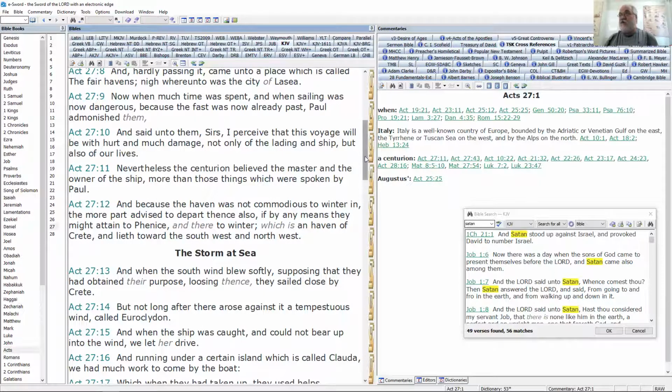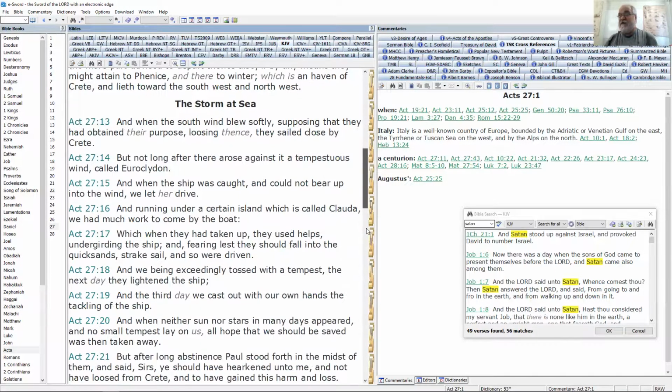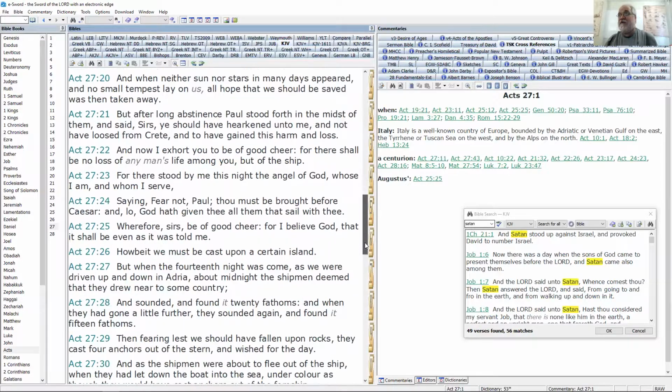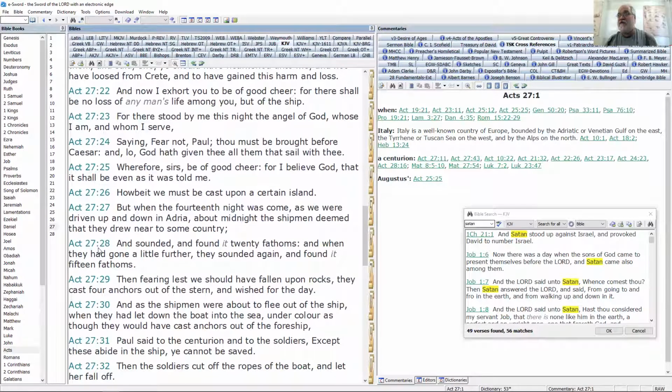And we know that there's this storm, and we've studied this in detail, but the main point was this sounding in Acts 27:28. And it's when the 14th night was come that we were driven up and down Adria. About midnight, the shipmen deemed that they drew near to some country. So what's the significance of 14 and what's the significance of midnight?